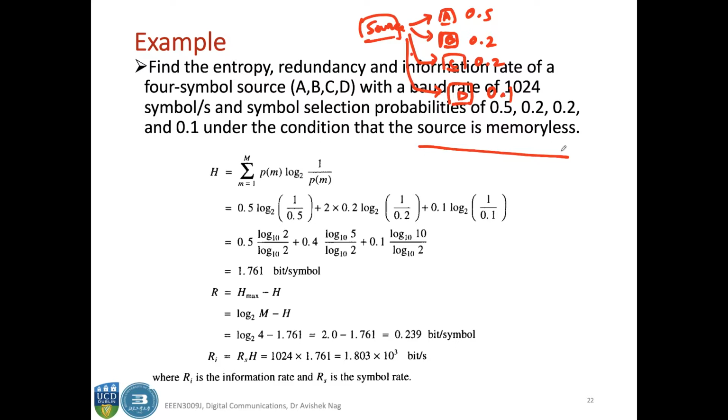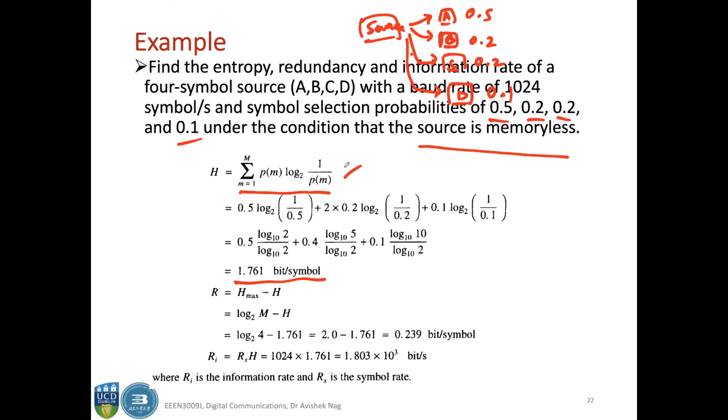The entropy you can easily calculate from the definition. All these probabilities are given to you and you can just apply the values in this formula to get the entropy as 1.761 bits per symbol.